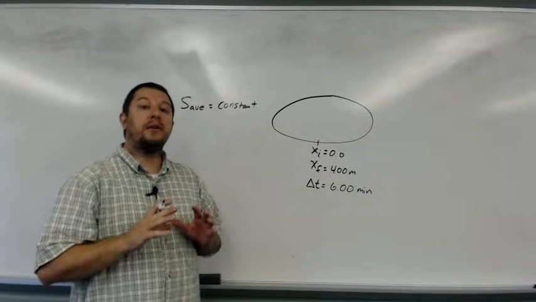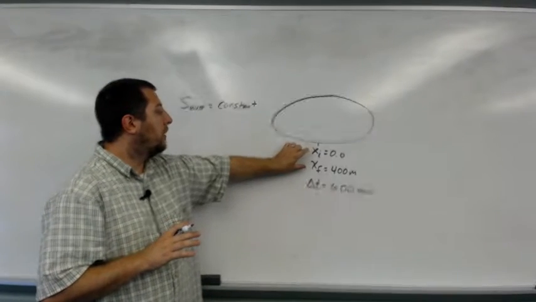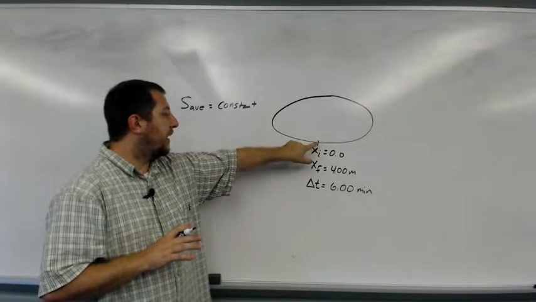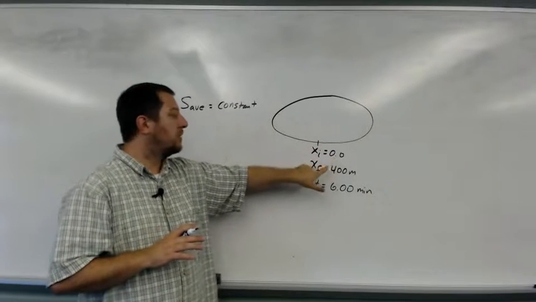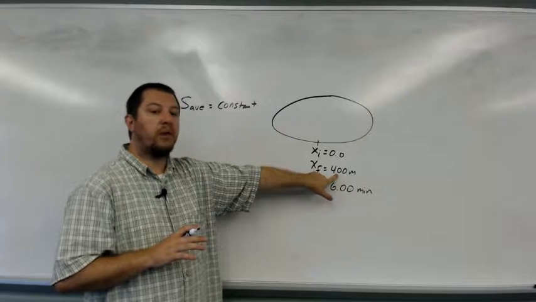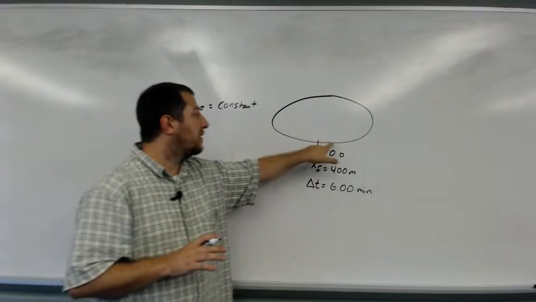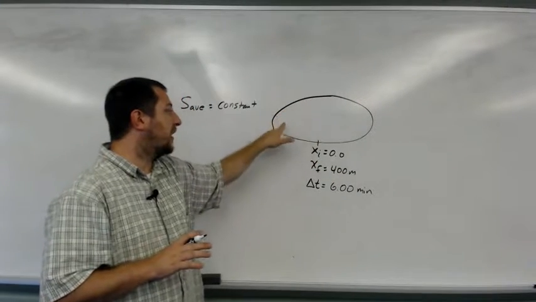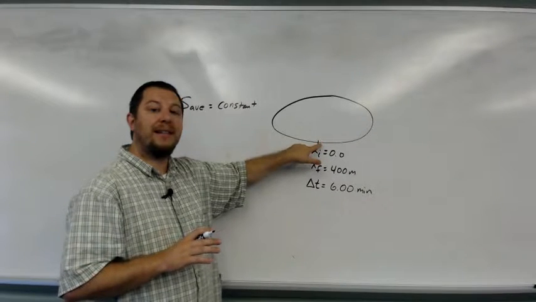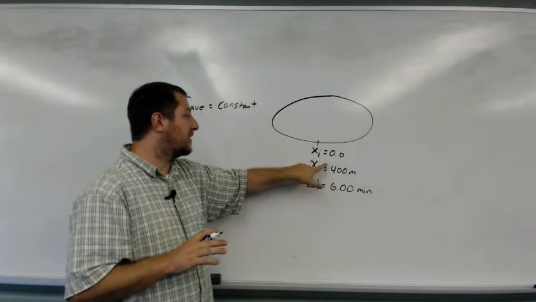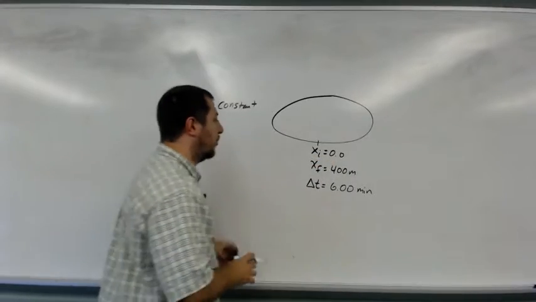Now, here's the kicker. We know that xi, our initial position, is going to be 0 meters, xf is 400 meters, but in reality, the distance that they traveled is 400 meters. Since they ended up back at this spot, their xf is actually their starting point again.